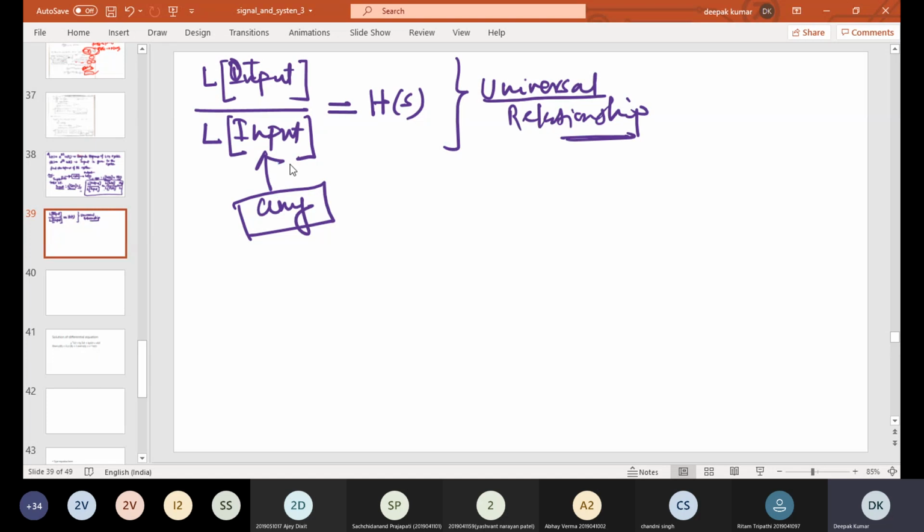For this question, input is e to the power 5t u(t).